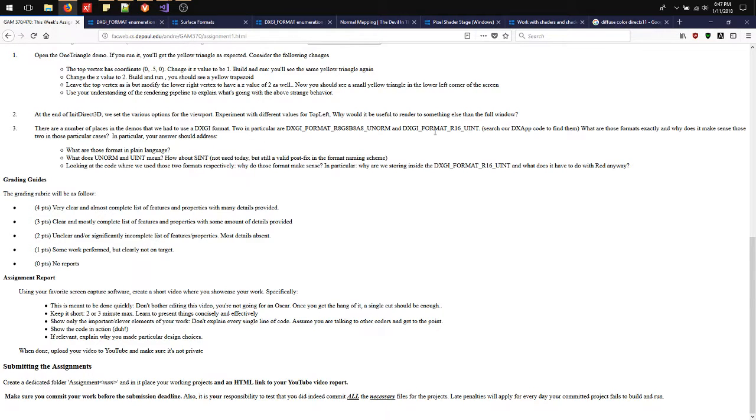The formats, the U norm, this one is how it's stored. So it's 8 bits for red, 8 bits for green, 8 bits for blue, and then the alpha. And the U norm, I believe it has to do with, well, it's an unsigned int, just like this one.